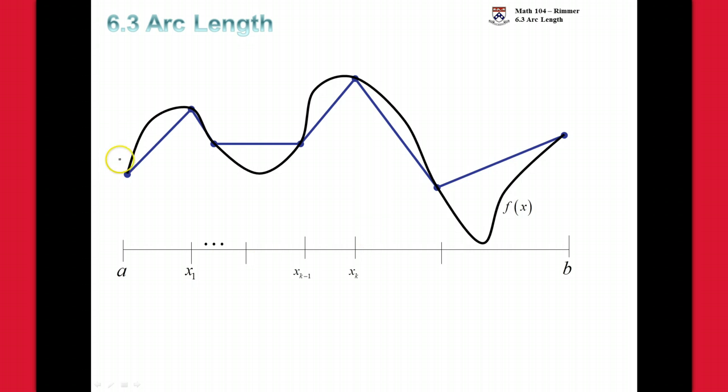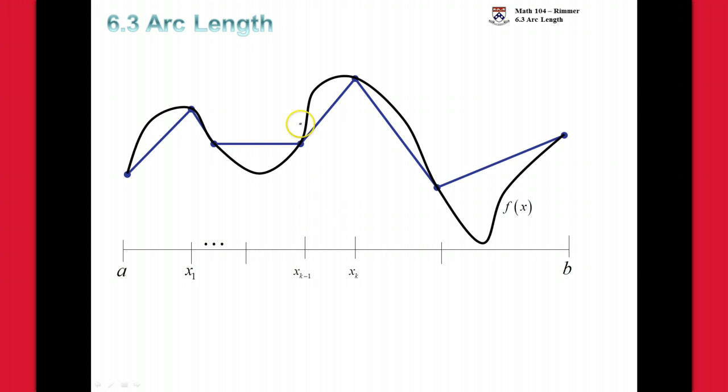And these straight line paths can be an approximation. The sum of these straight line distances can be an approximation to the arc length. You can see it's a rather poor approximation, and the goal would be to have more subdivisions to get a better approximation, and eventually take the limit as the number of subdivisions goes to infinity.